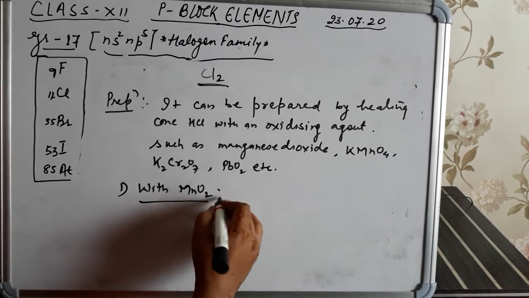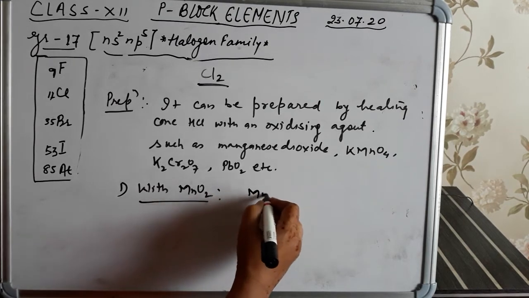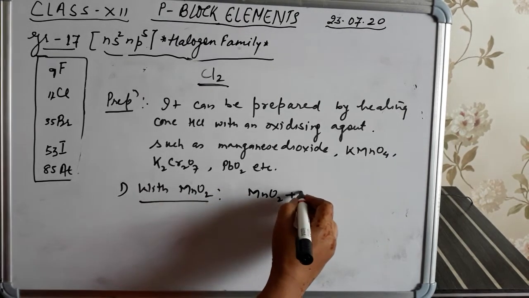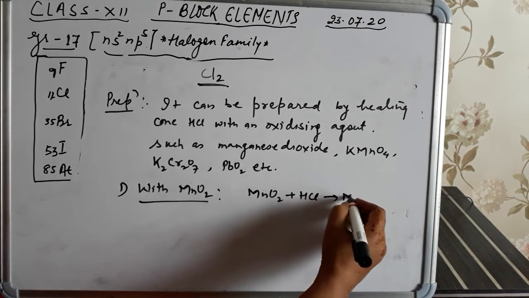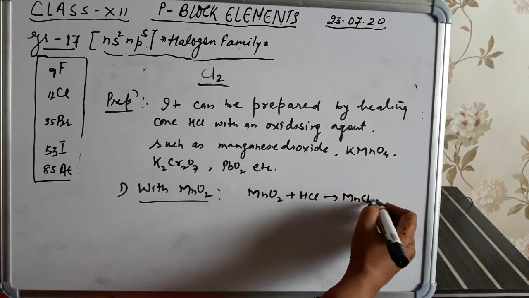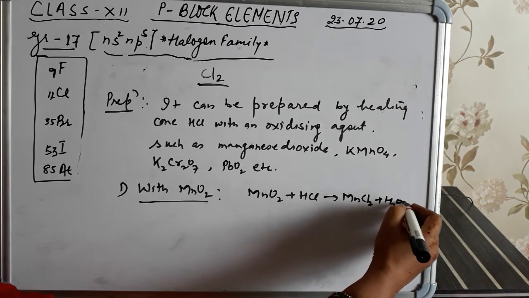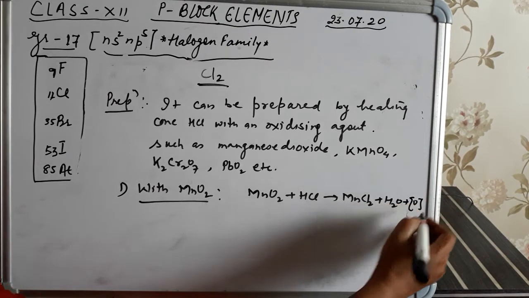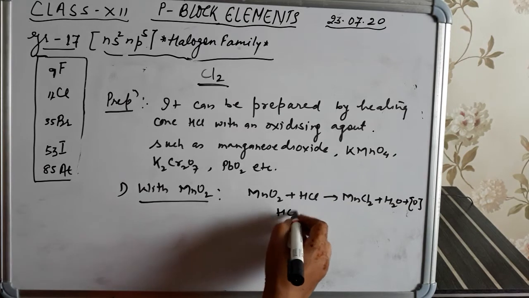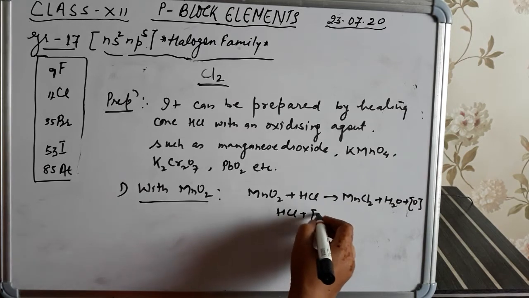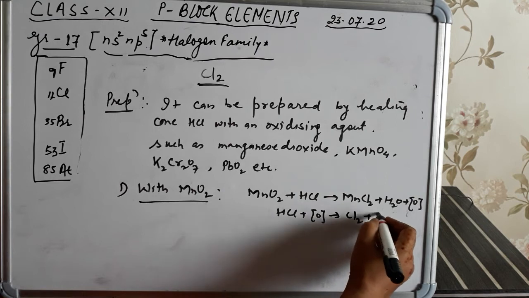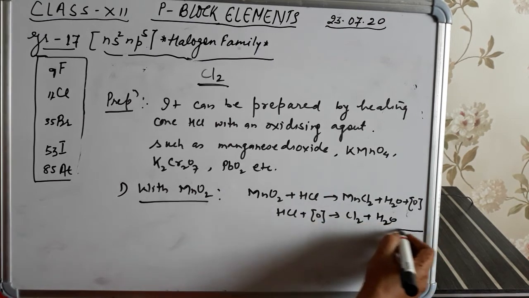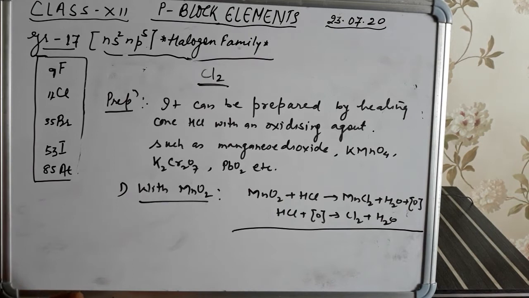So students, let's discuss MnO2 with HCl. In presence of HCl, it gives MnCl2 plus H2O and it gives nascent oxygen. This nascent oxygen is accepted by hydrochloric acid and gets converted to chlorine and H2O. Now balance this by the partial equation method.